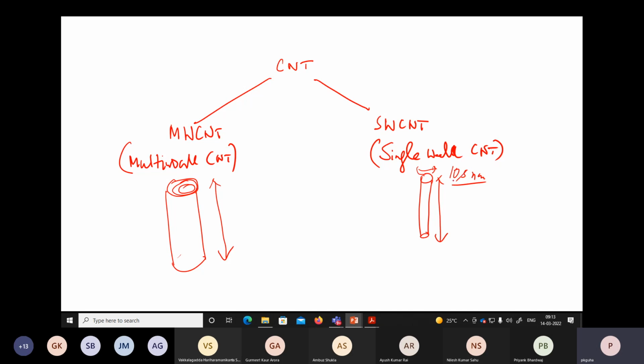Whereas in case of multi-wall, it's a little bit wider, maybe as low as few tens of nanometer to hundreds of nanometer. But lengthwise usually quite long. Again, it depends on how you are making it.